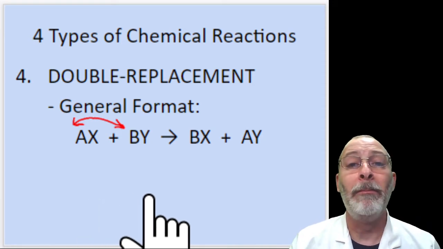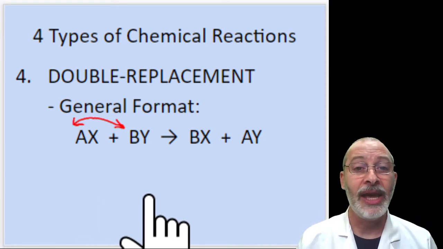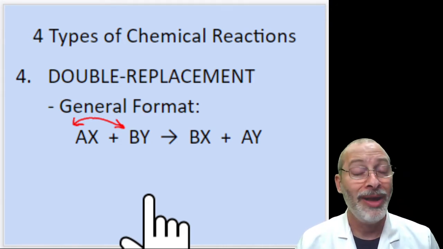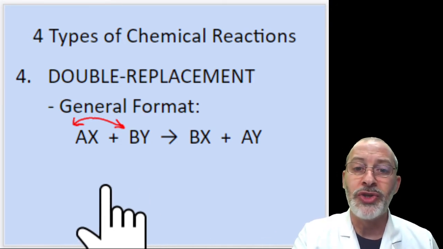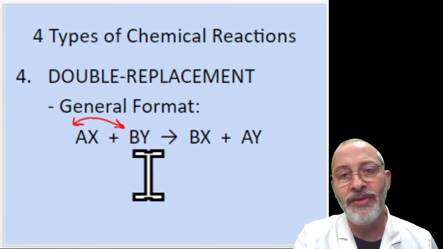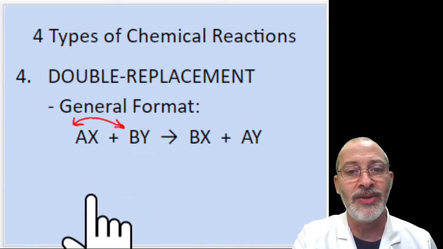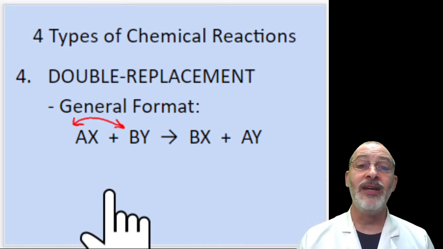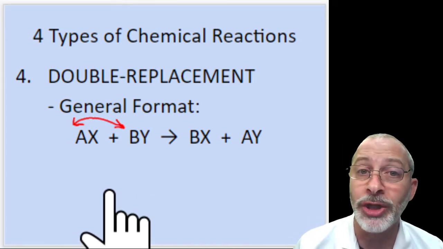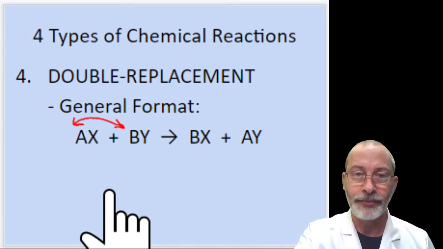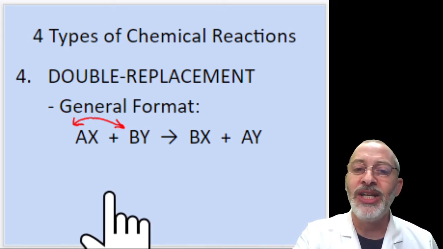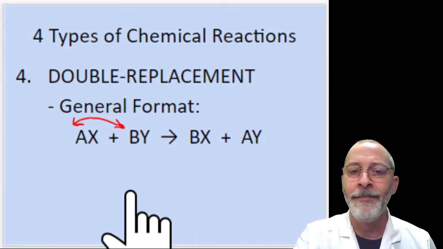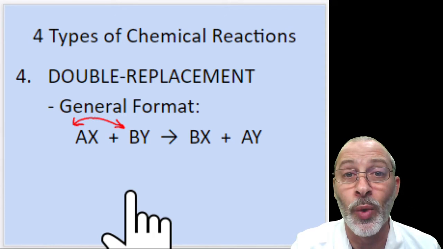And we've got BY, again, representing a compound of two or more elements. So we start off on the reaction side of the equation with these two reactants, AX and BY. Now, because this is a double replacement reaction, notice what's happening. The first variable of each compound are replacing one another.